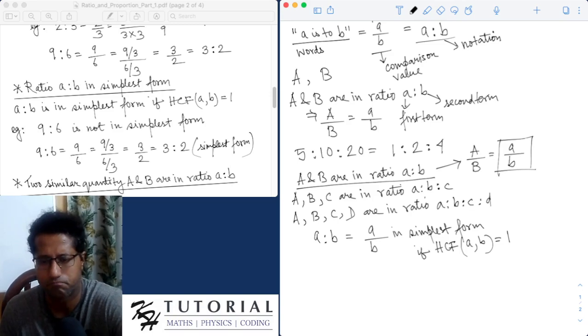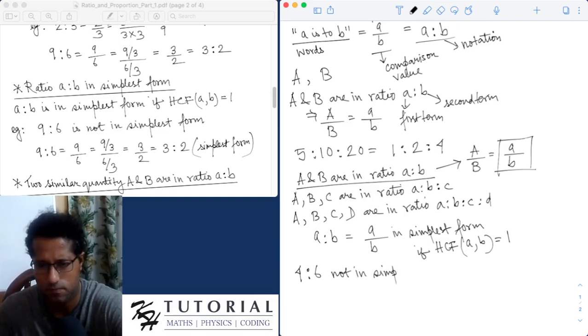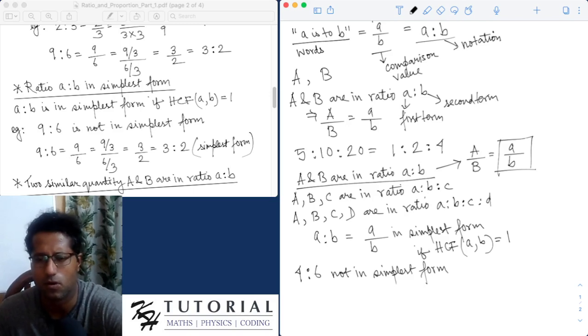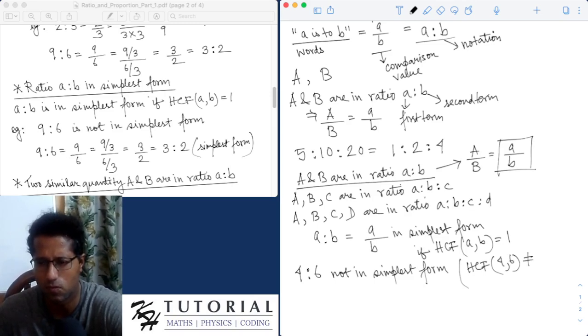So the ratio 4:6 is not in the simplest form, because the HCF of 4 and 6 is not equal to 1. The HCF of 4 and 6 is 2, which is not equal to 1.